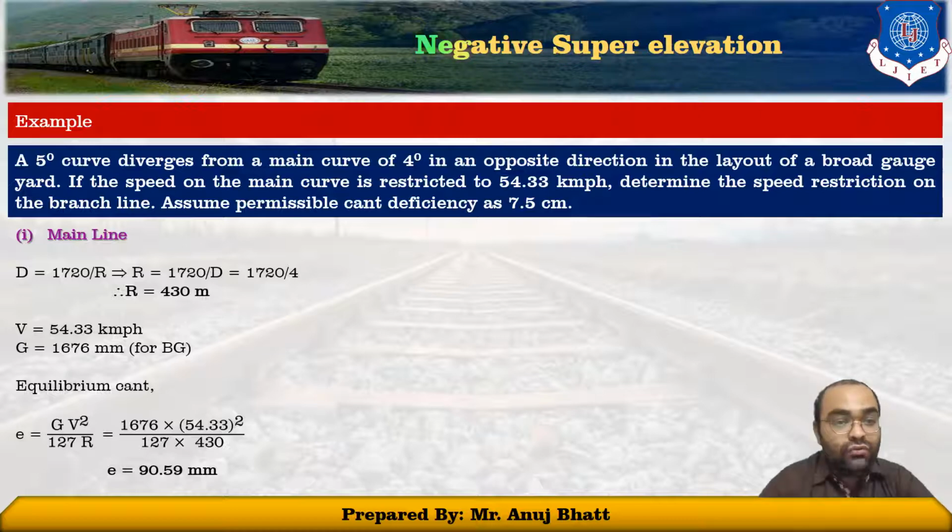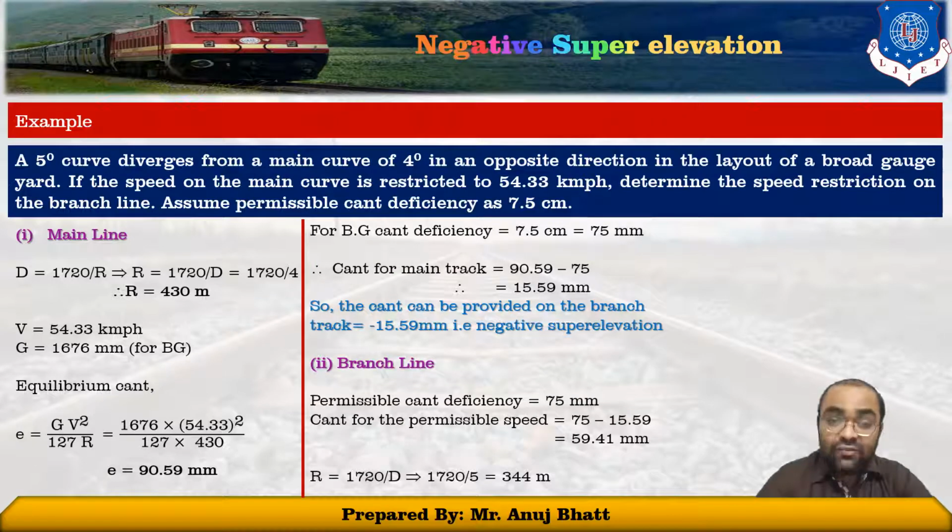The speed of the train at the main curve is given, that is 54.33 km per hour, and the gauge distance for a broad gauge is 1676 millimeters. So based on this data, the equilibrium cant E should be GV squared upon 127 R. So the equivalent cant is 90.59 millimeters. Now, after this, we have to find the negative superelevation, and for that we need to go with the cant deficiency.